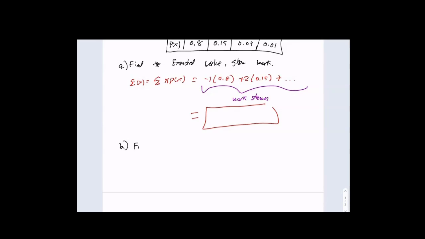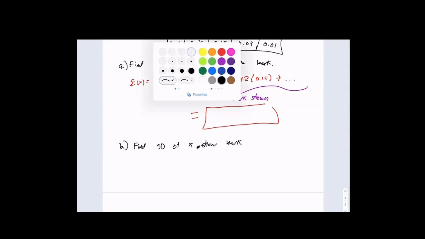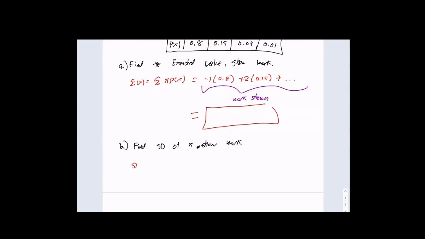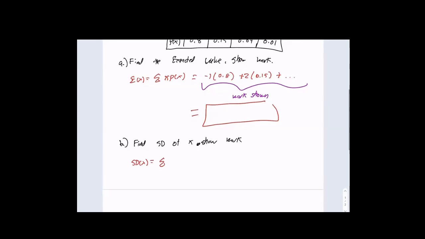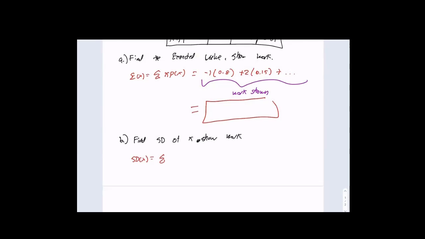B, find the standard deviation of x, show work. And so I know that standard deviation of x for a random variable is a summation. And these formulas, you should have them available to you quickly. On the exam, there'll be a page dedicated to these formulas.